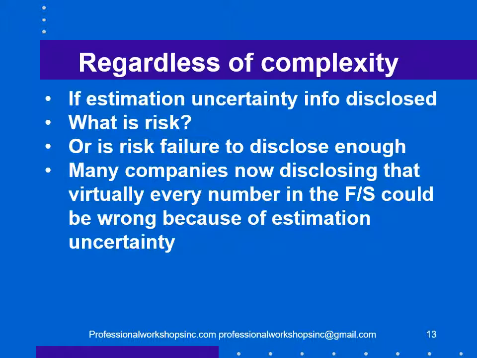Does it disclose how it was made? Does it disclose the variables? And if we've done that, perhaps risk of material misstatement is not high. That's our conclusion. And you will find many companies now disclosing virtually every number in the financial statement could be wrong with an associated description of estimation uncertainty.